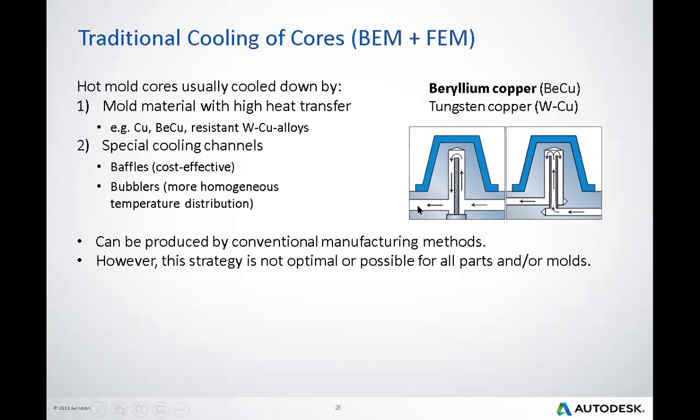That's in the left picture. But bubblers give a more homogeneous temperature distribution. This one uses a pipe instead. It can be produced by conventional manufacturing methods. Because nowadays the price of rapid prototyping has decreased, it's affordable.